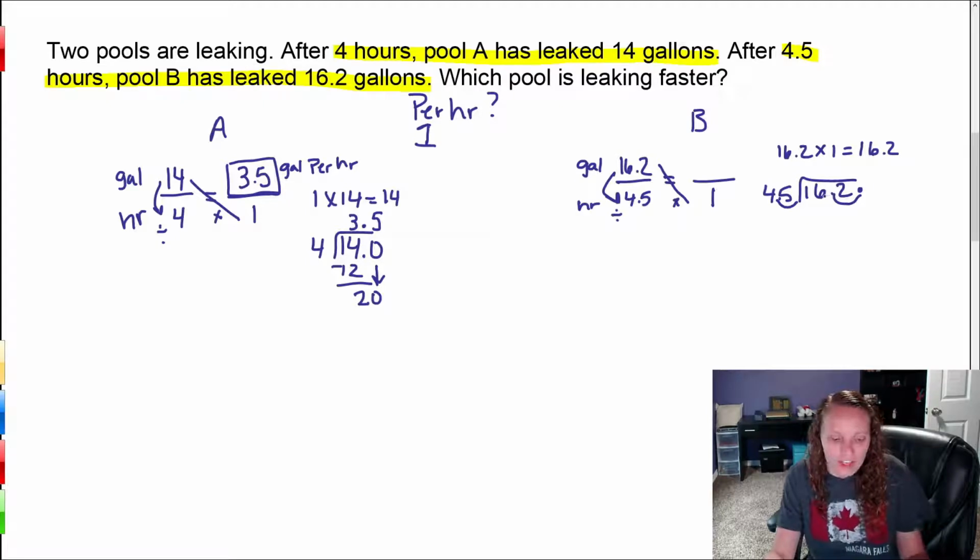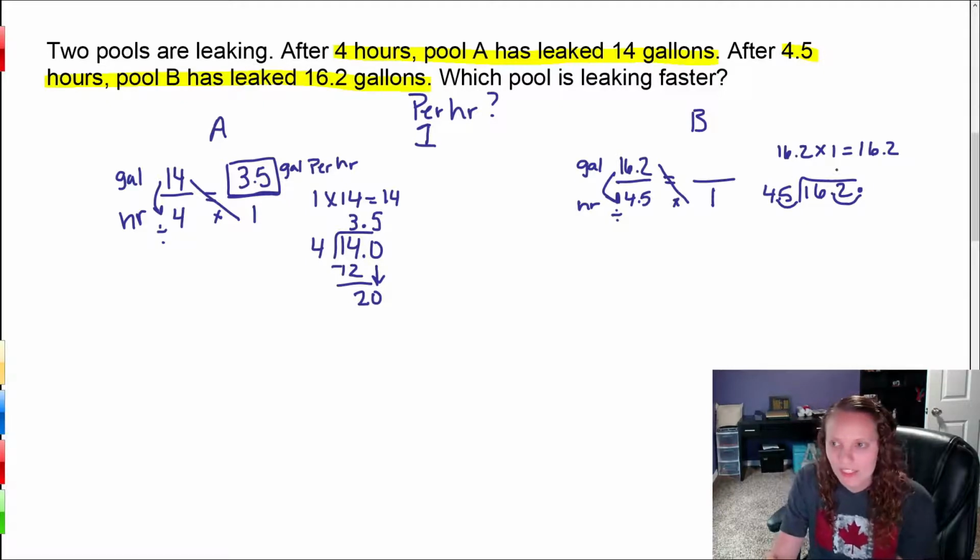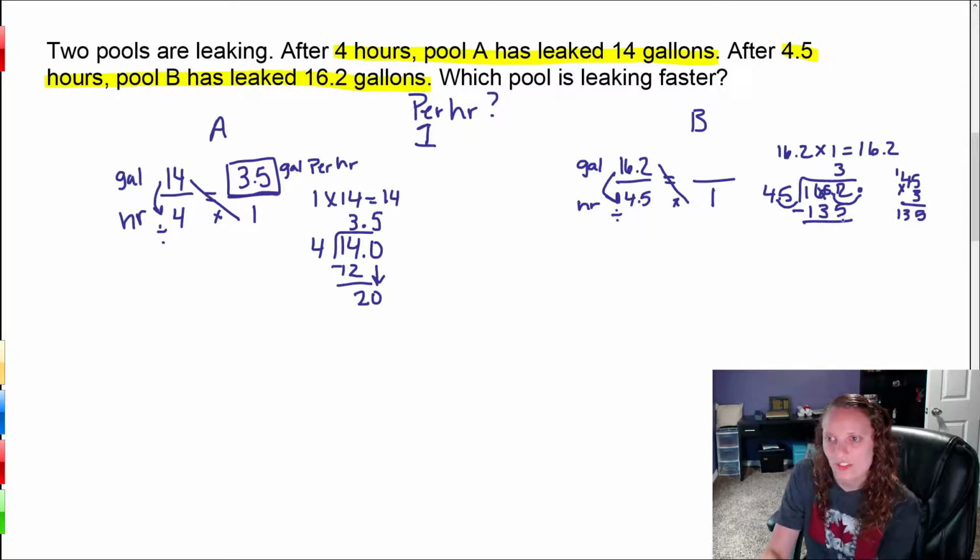45 goes into 162 3 times. 45 times 3 is 135, so we're going to subtract 135. 12 minus 5, 7. 5 minus 3 is 2.